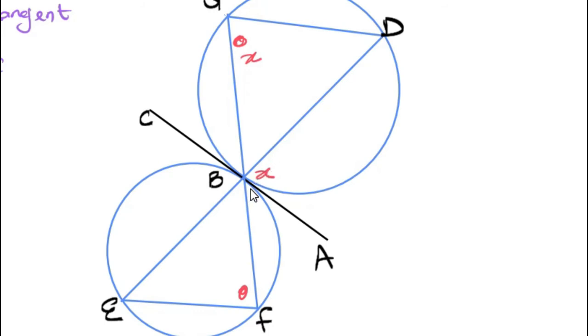The next thing I also know is that CA and ED are intersecting lines, and intersecting lines normally produce vertically opposite angles, meaning that this is also x. And finally, since AC is also a tangent to this circle, and that's a triangle with chords, we can also say tan-chord, making this x.